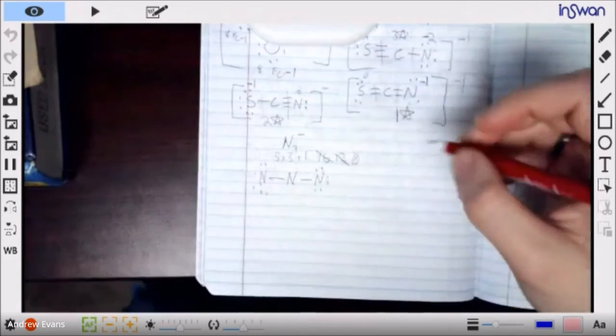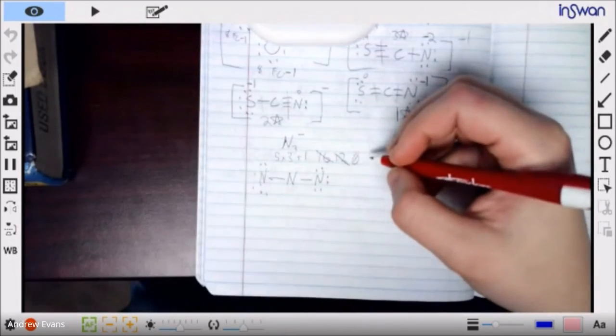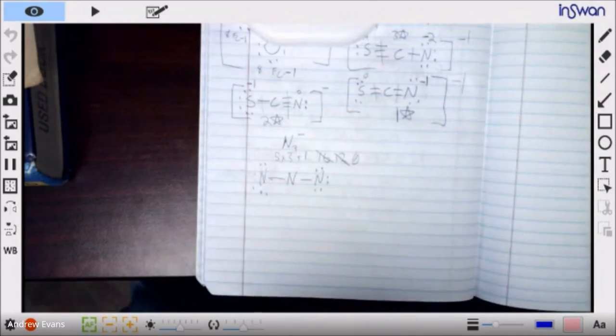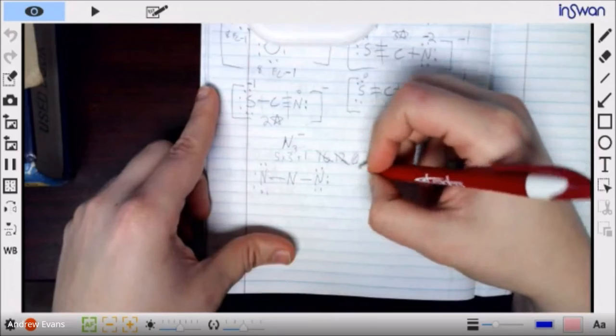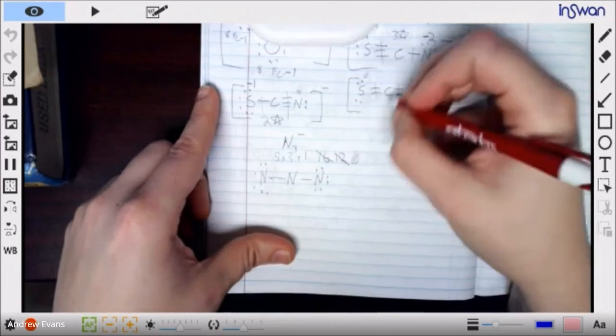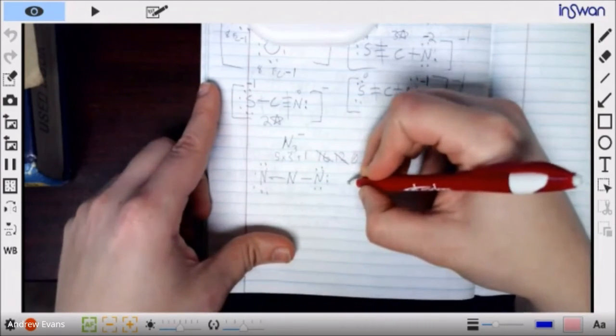Then we have to make some sort of bonding. So which would be the better structure? So technically, there's only 2 structures in this one, 2 possibilities.